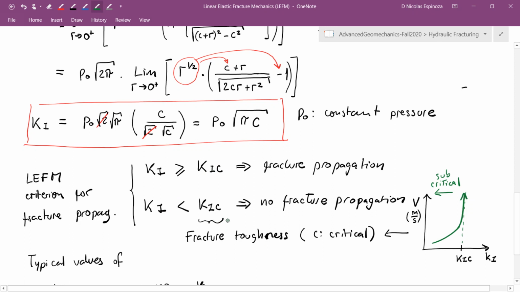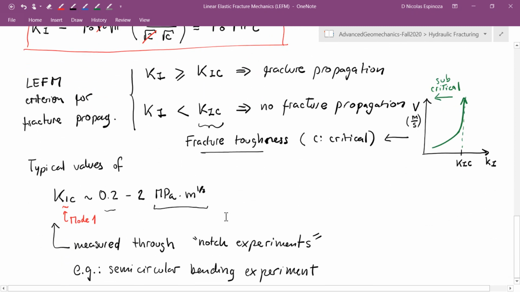So the only thing we have to do now is to complete the discussion about what fracture toughness is and how we measure that. This is measured in tests in which we usually have a notch, which is a pre-made fracture.